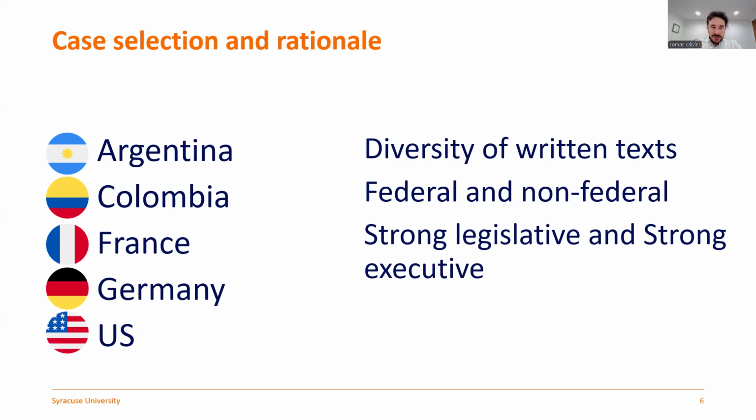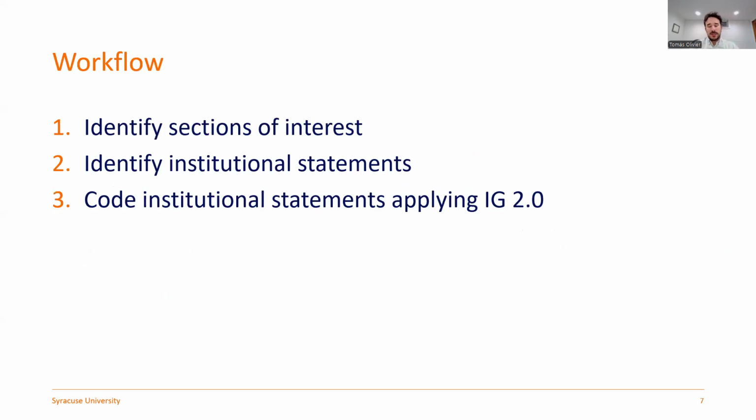To capture this, our main tool for analyzing the design of these principles is the institutional grammar. We are applying IG 2.0, and our main workflow consists of two parts. On one hand, we identify the sections of interest in these constitutions.